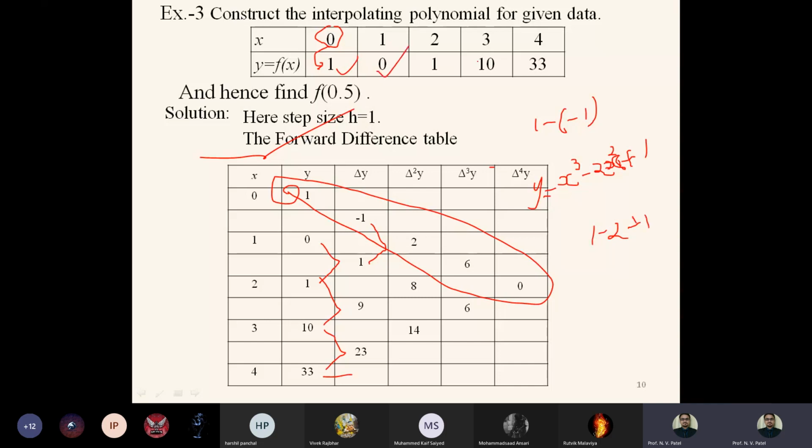If you take x is equal to 3, you should get the answer 10. So 3 raised to 3, 81 minus 2 into 3 square, and plus 1.